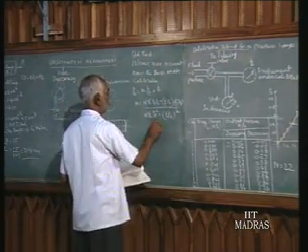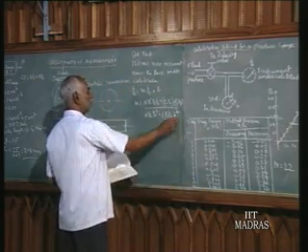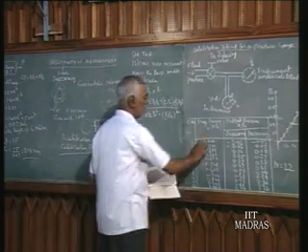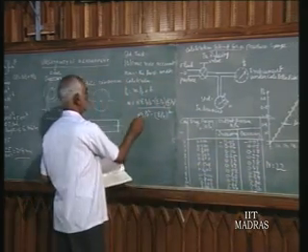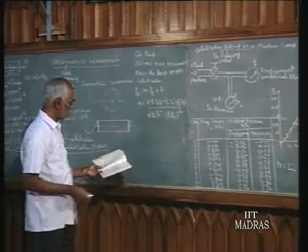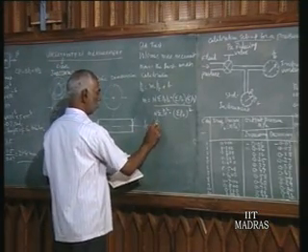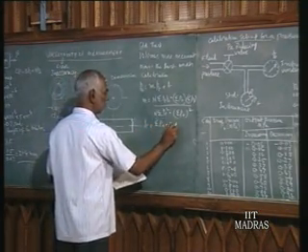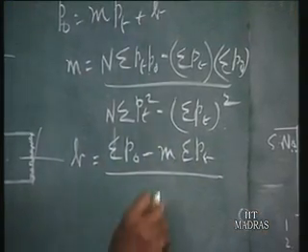Sigma PT we already know, its total, and that is squared. With separate columns you find the summations, put them in and find the value of M. Similarly, B is equal to sigma of P0 minus M sigma of PT, divided by n.